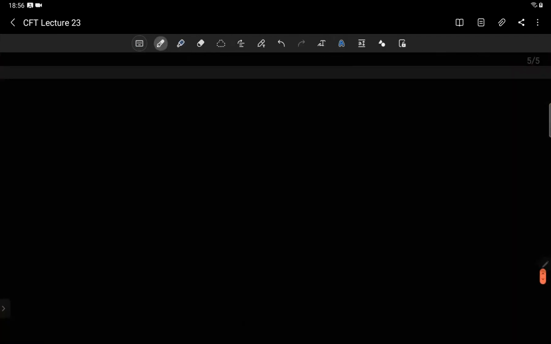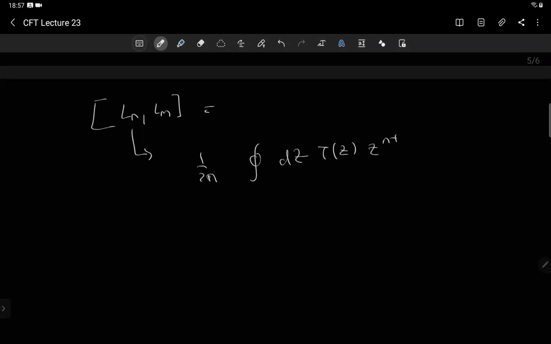And so using this definition, we can now try to figure out what the L_n, L_m commutator is. Since each L_n is basically 1 by 2 pi i integral dz T(z) z to the power n plus 1, from what we said earlier, we can write the L_n, L_m commutator as a double contour integral with 1 by 2 pi i squared outside.